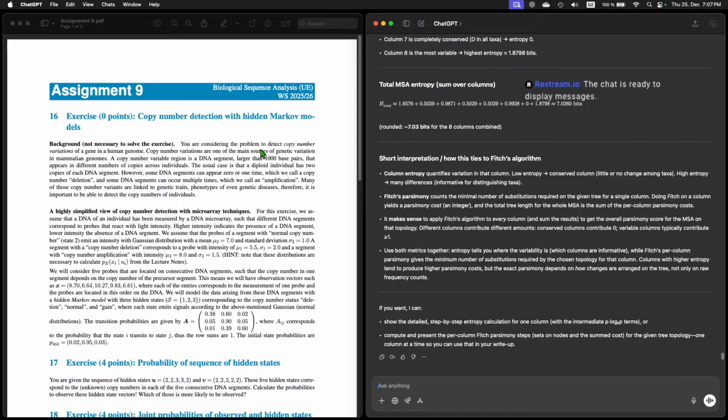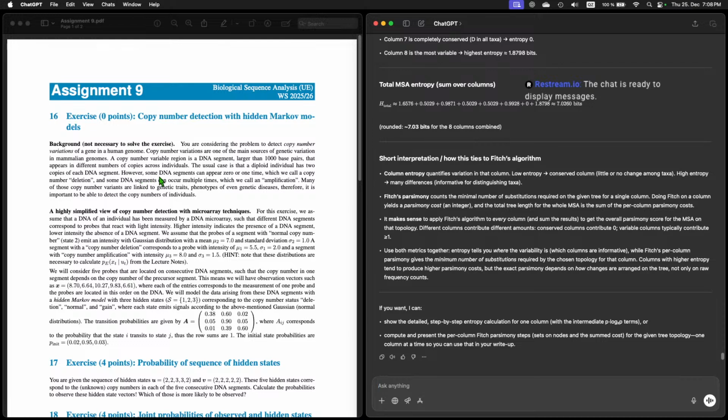You are considering the problem to detect copy number variation of a gene in the human genome. Copy number variations are one of the main sources of genetic variation in mammalian genomes. A copy number variable region is a DNA segment larger than 1000 base pairs that appears in a different number of copies across the individuals. The usual case is that the diploid individual has 2 copies of each DNA segment.